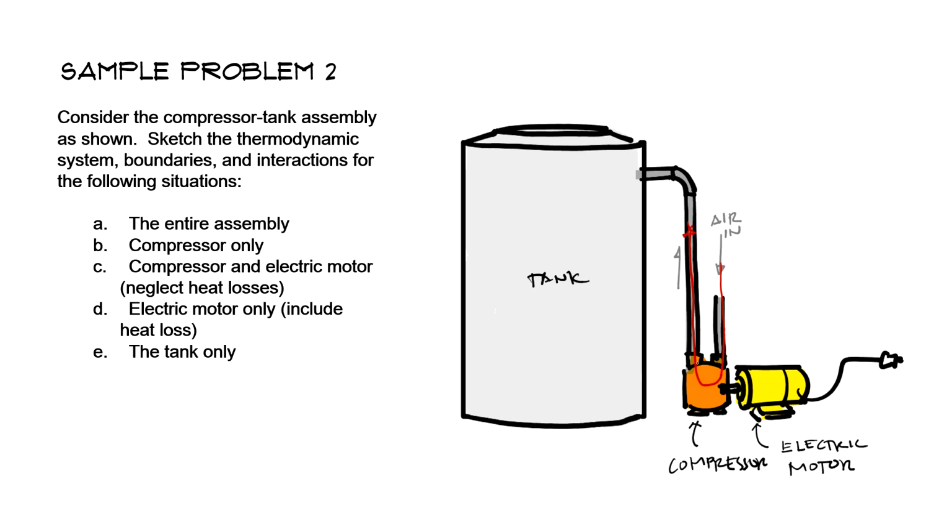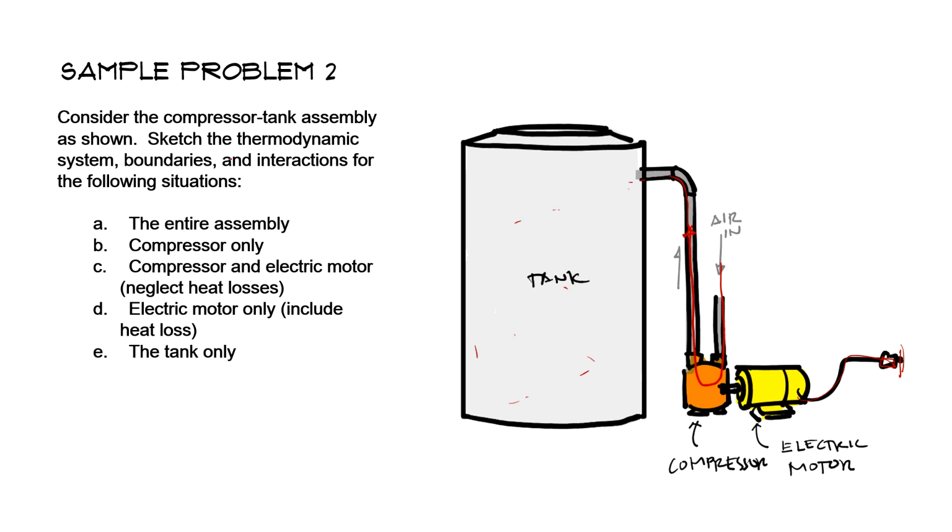But in order for this compressor to work, there must be some electric motor. That is why we have here an electric motor, and this electric motor is connected to some wall outlet. The compressed air is being stored inside the tank. This is a closed tank, and this is a rigid tank.